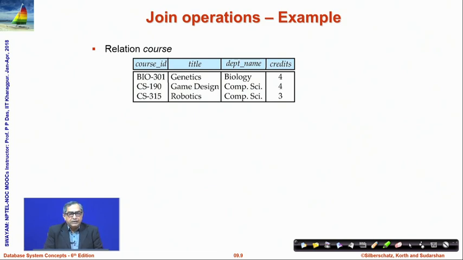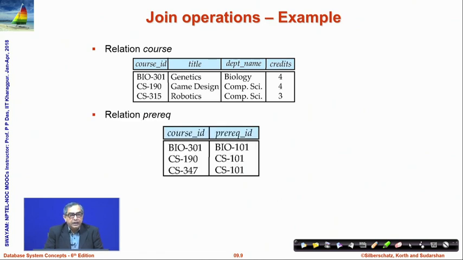So, let us start with a simple example to understand the issues. There is a relation course which has 4 attributes, and in this particular instance it has 3 tuples, 3 rows, and there is another relation prereq which specifies the prerequisite for every course.